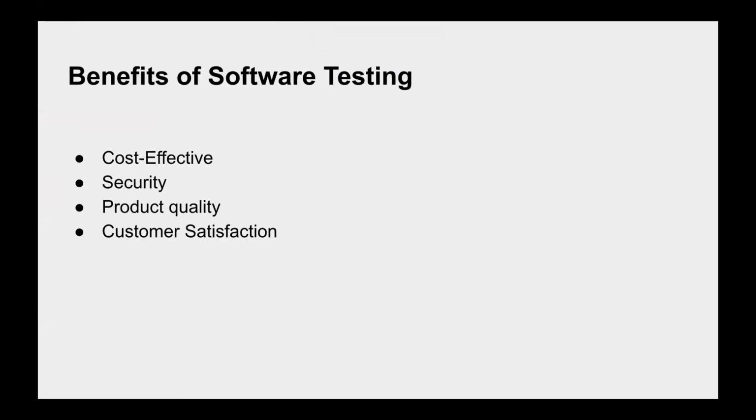Normally, assume Amazon. While you are adding a product to the cart and trying to make a payment, if there is any bug during payment which is causing the price of the product to be decreased, then imagine the impact from a cost perspective.